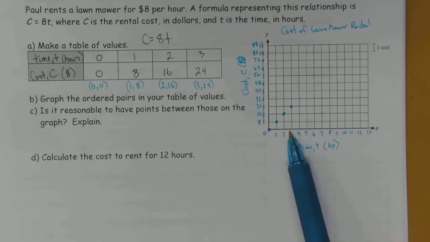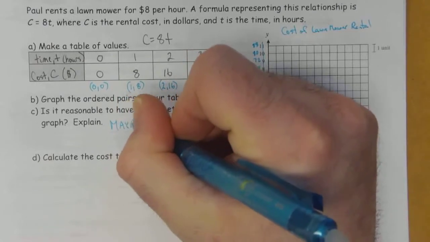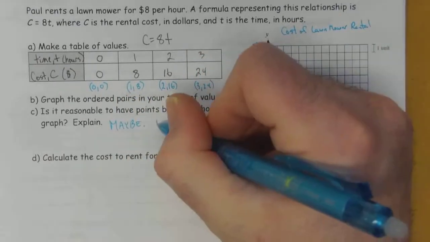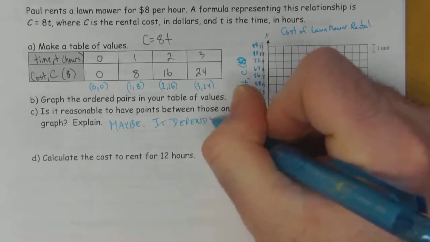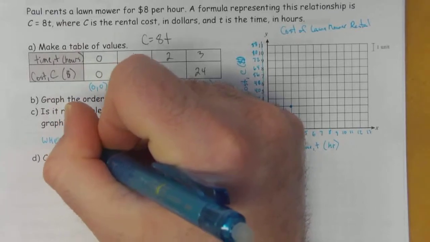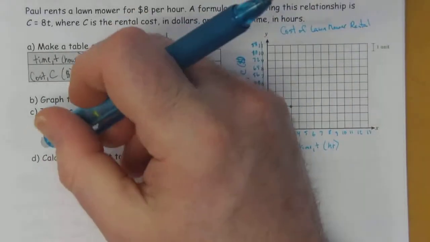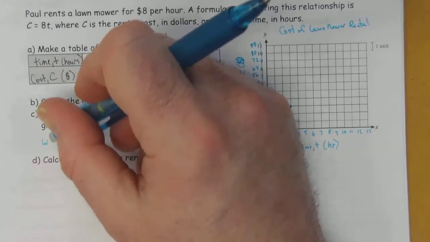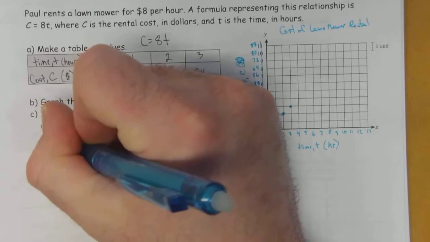So is it reasonable to have points between them? Maybe. It depends on whether, did I spell that right? That doesn't look right. I combined the two weathers, didn't I? No, was that right? Yeah, it was right. Sorry.